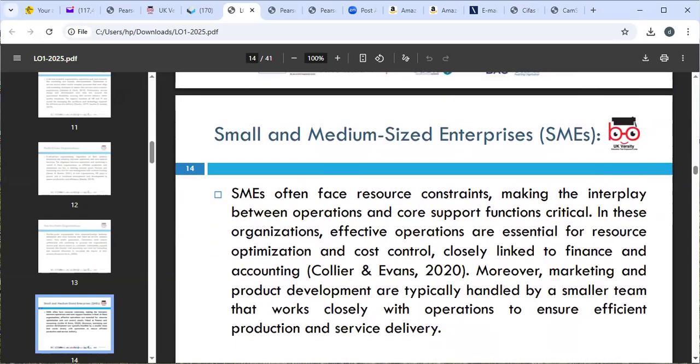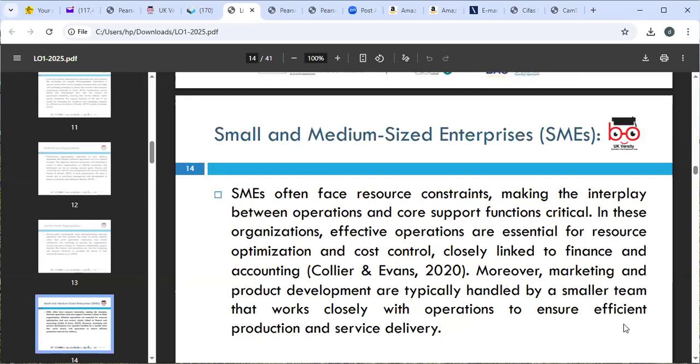And then the SMEs, what we call the small medium-sized enterprises. The SMEs often face resource constraints, making the interplay between operations and core support functions critical.